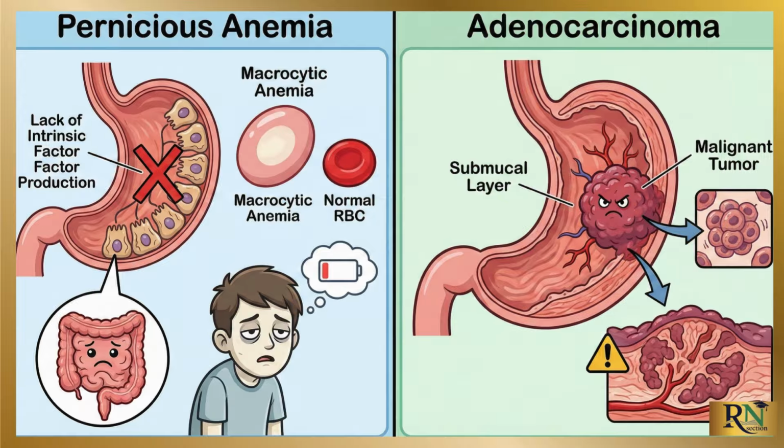So adeno, it's a gland. Carcinoma, it's cancer. Gland cells turning cancerous. And again, pernicious anemia is the vitamin B12 deficiency due to lack of intrinsic factor from stomach lining damage. Pernicious means sneaky and dangerous, which leads to nerve damage if untreated.